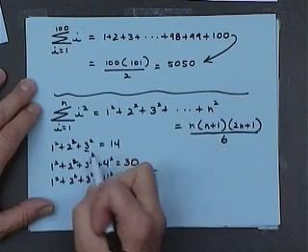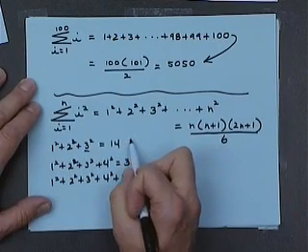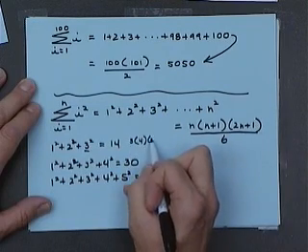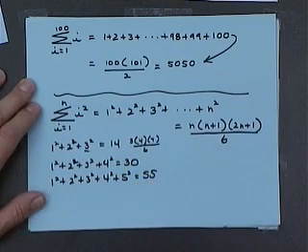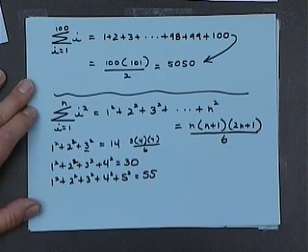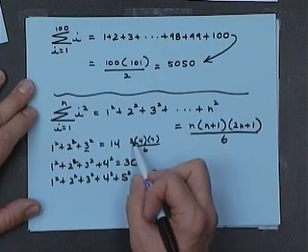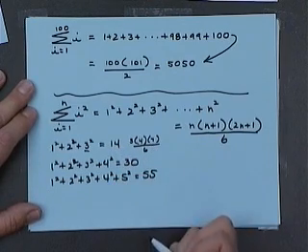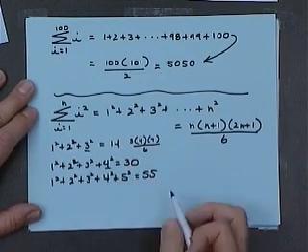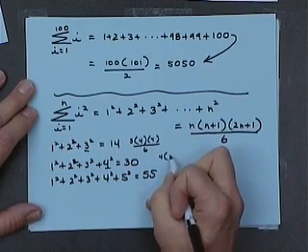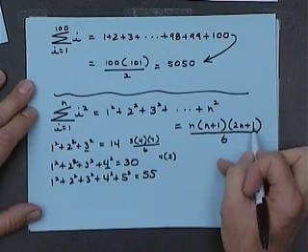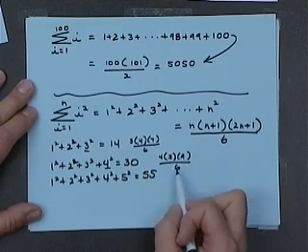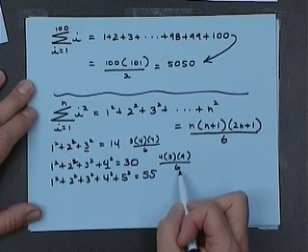Let's see if it works when we stop at 3. It should be 3 times 4 times 7, all over 6. Does that work? There's 12 over 6, which is 2 times 7, which is 14, right? When we stop at 4, it should be 4 times 5 times 9, all over 6. Does that work?